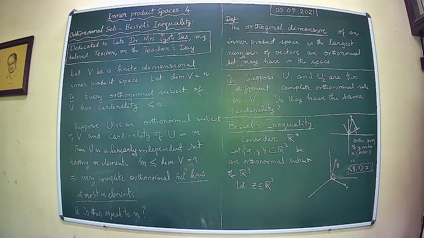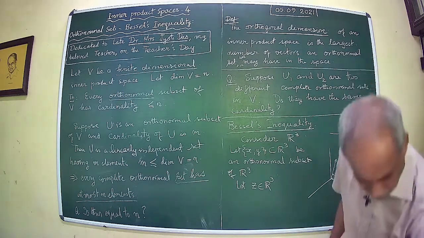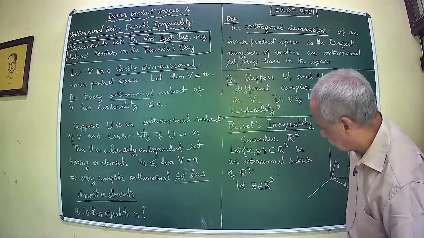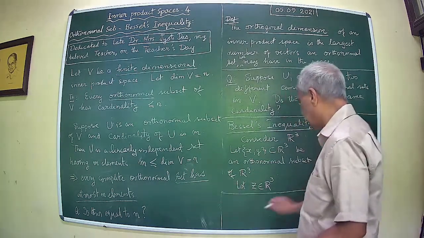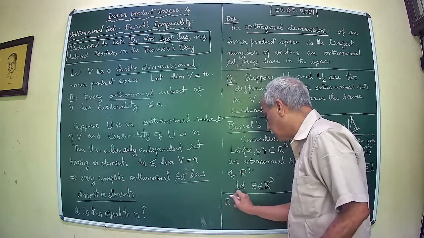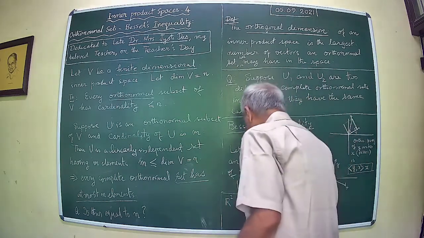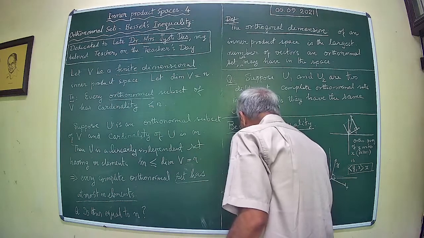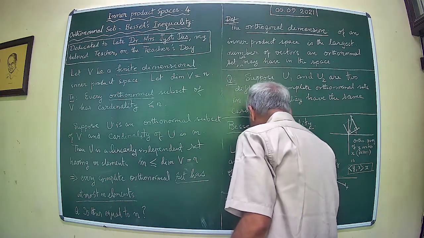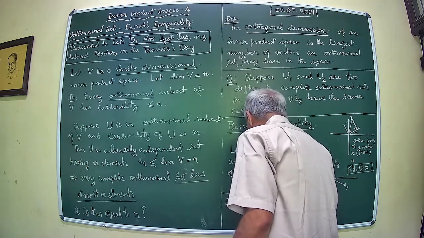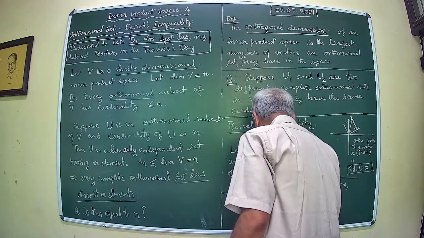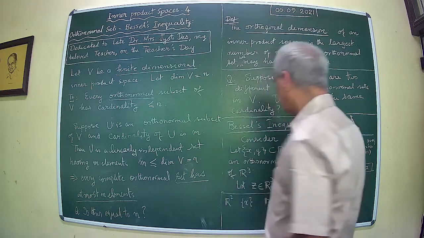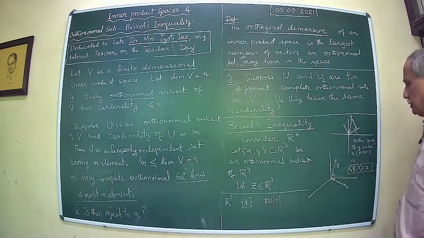This is the orthogonal projection. So my claim is this. First let us consider the simple case R2. Take the vector x such that norm of x equals 1. This is an orthonormal set.